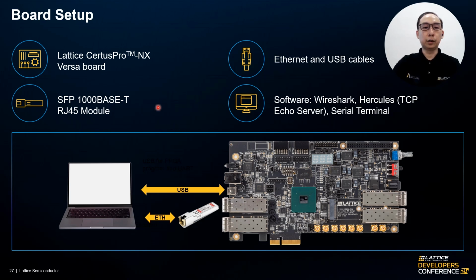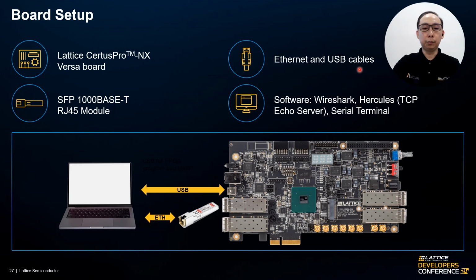For connecting to the Ethernet via the RJ45 connector, an SFP 1000BASE-T RJ45 module is used as shown here, and this is connected to the SFP cage on the board.